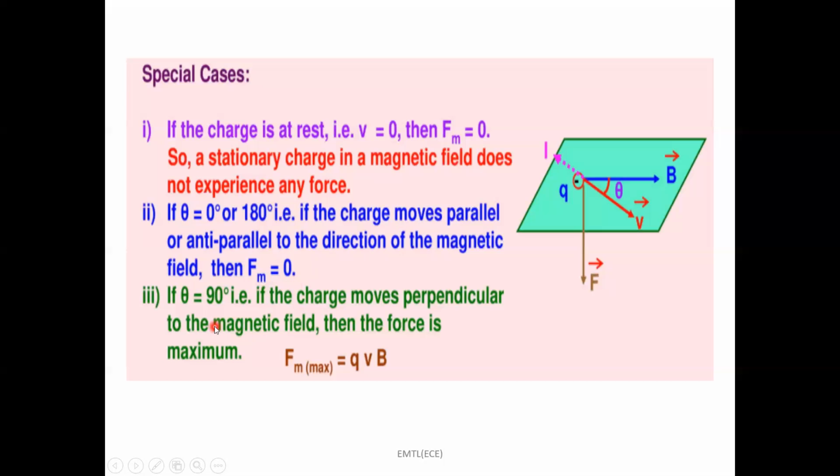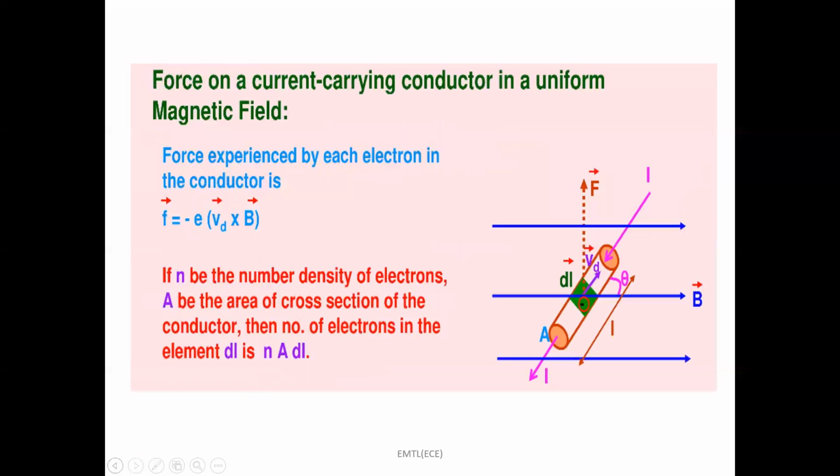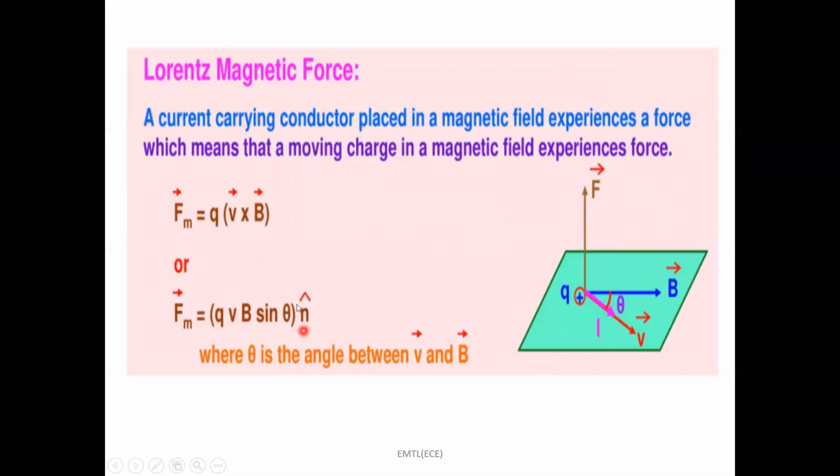Now the last case is theta equal to 90. That means the angle between velocity and the magnetic field is perpendicular. Then the force exerted on the particle is Fm is equal to QVB. Why? Because as we substitute theta 90 in this expression, sine 90 is 1.